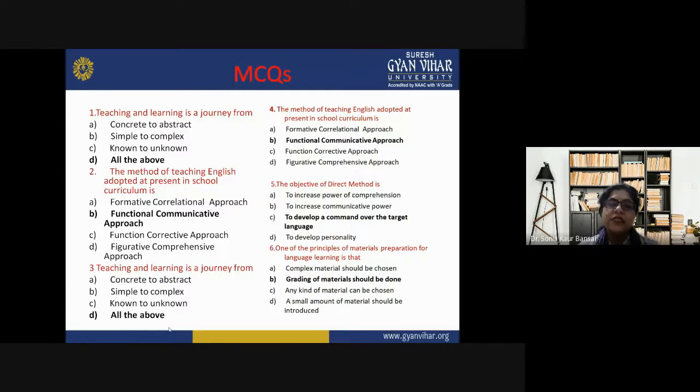Question 1: teaching and learning is a journey from concrete to abstract, simple to complex, known to unknown. The answer is all of the above.